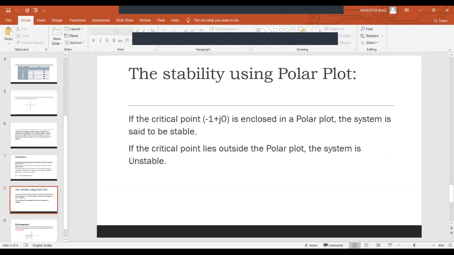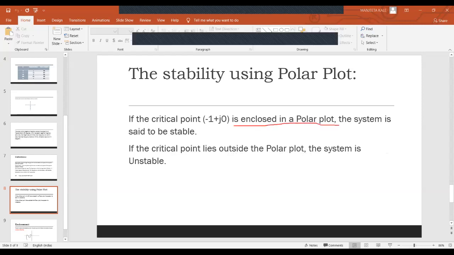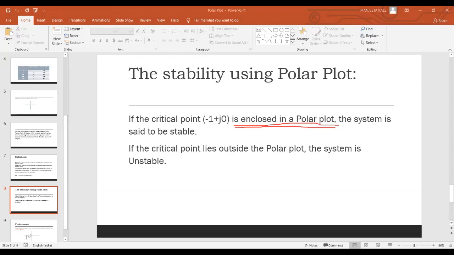If the critical point minus 1 plus J0 is enclosed in a polar plot, then the system is said to be stable. All of us know the dictionary meaning of enclosement, but we will see the technical contextual meaning of enclosement on the next slide. And if the critical point lies outside the polar plot, the system is said to be unstable. What is the significance of this?